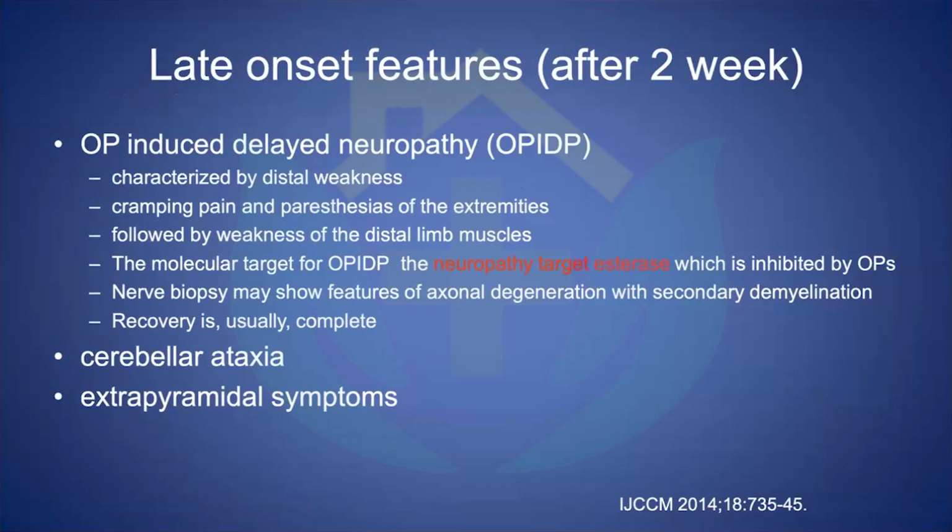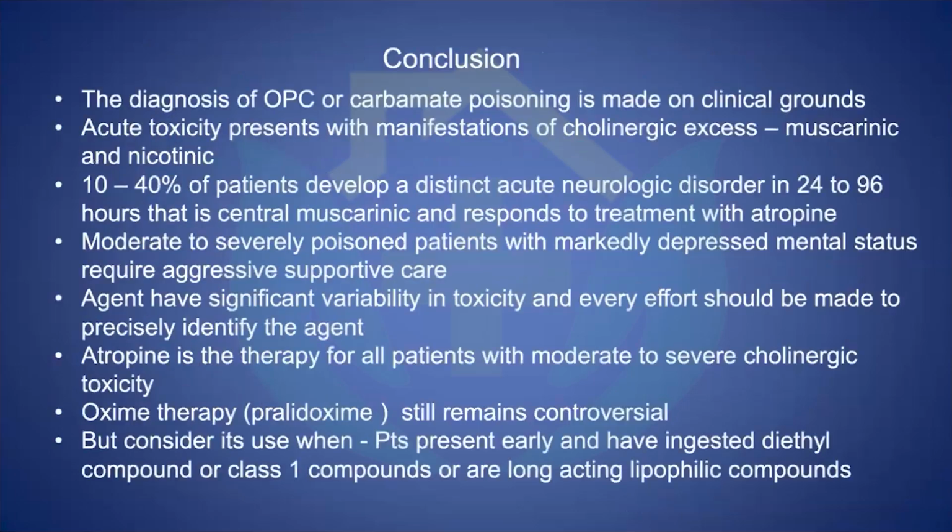Cramping pain, paresthesia of the extremities followed by weakness in distal limb muscles. The molecular target is neuropathy target esterase, which is inhibited by OP. Recovery here is also complete, though cerebellar ataxia and extrapyramidal symptoms can be there.